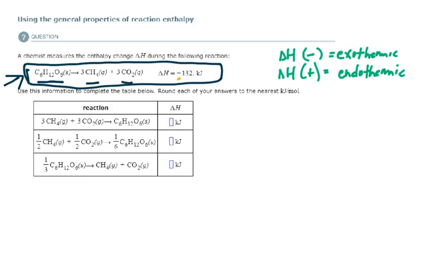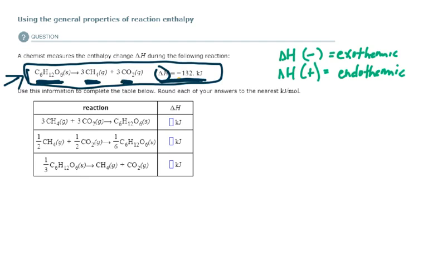And as I read this thermochemical equation, I see it tells me that for every 1 mole of this, it breaks down into 3 moles of methane and 3 moles of carbon dioxide. I also see that this reaction is an exothermic process. This enthalpy change tells me how much heat is given off when 1 mole of this breaks down into 3 moles of this and 3 moles of this.